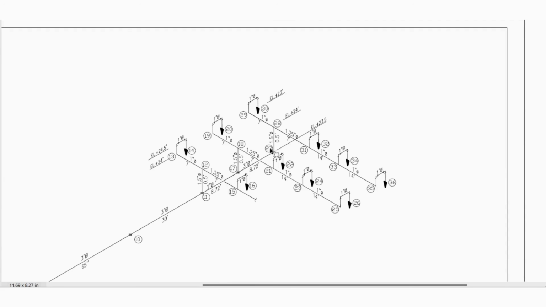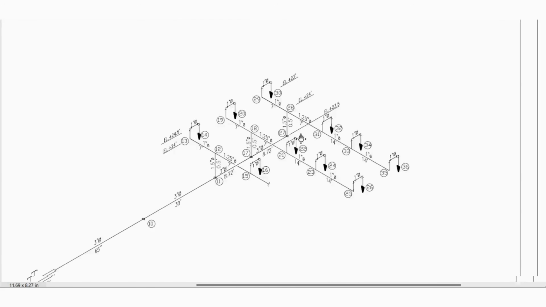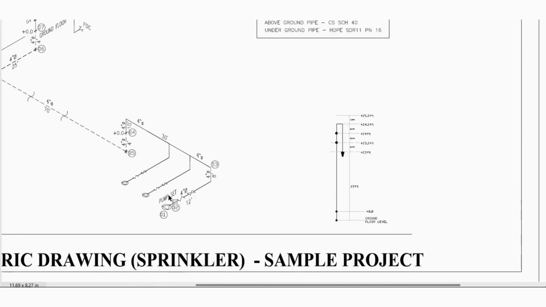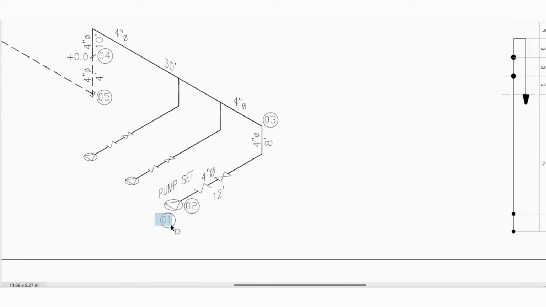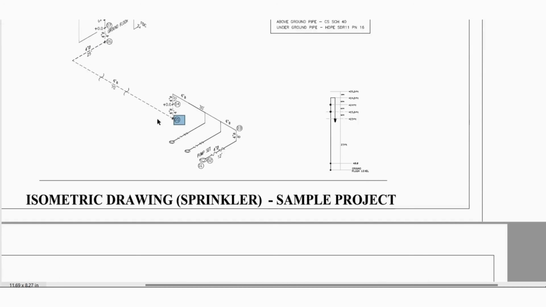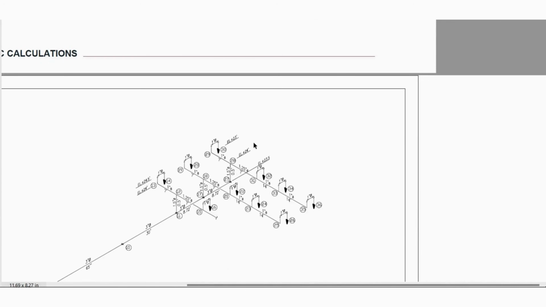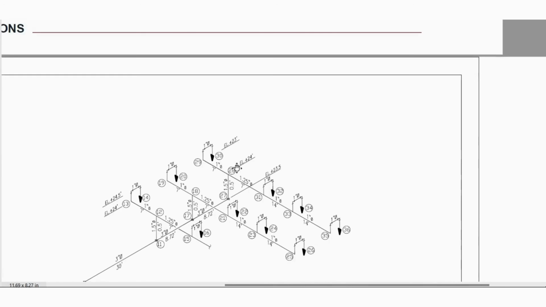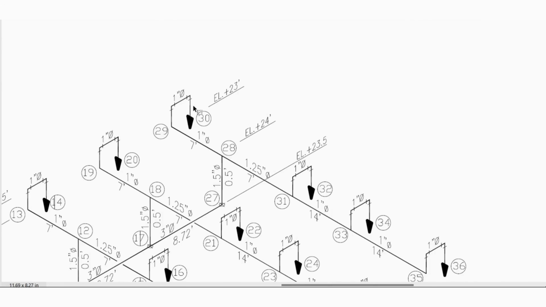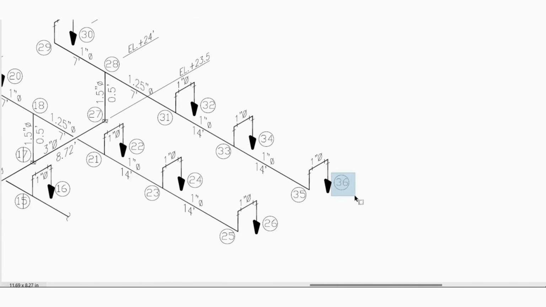For example, we have started the nodes from here. So from the pump I considered nodes like 1, 2, 3, 4, 5 and so on. Otherwise you can consider from the remotest sprinkler as well. For example, you can consider this as 1, 2, 3, 4, as you like.